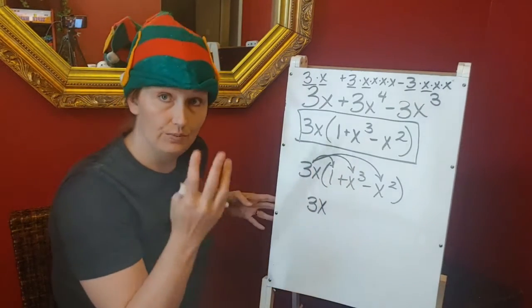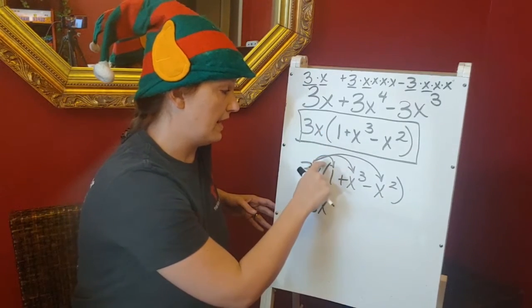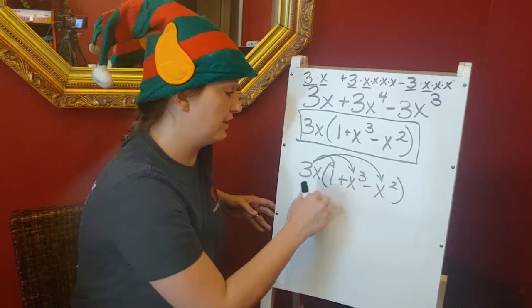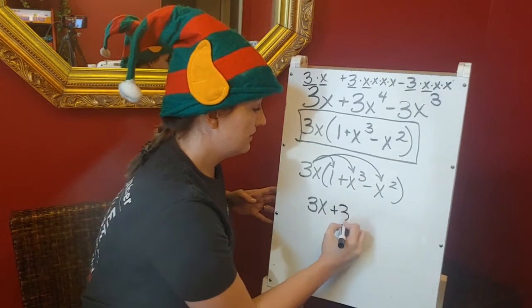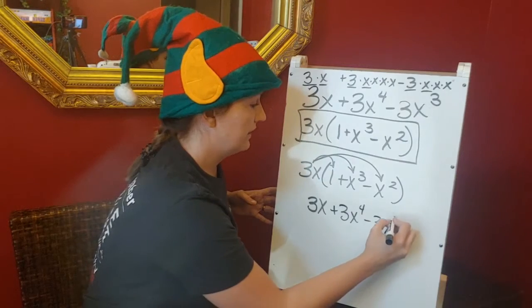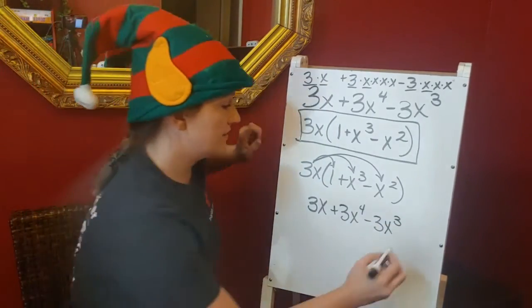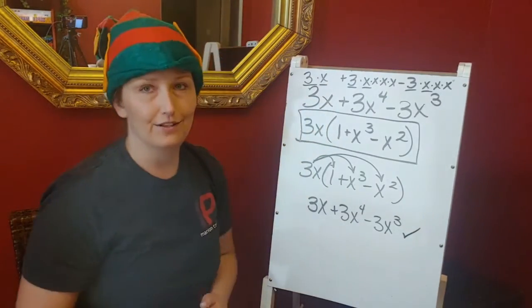Now whenever I'm multiplying variables and I have exponents, I'm going to add those. So plus 3x to the 4th minus 3x cubed. And if this matches the original, then you factored it correctly.